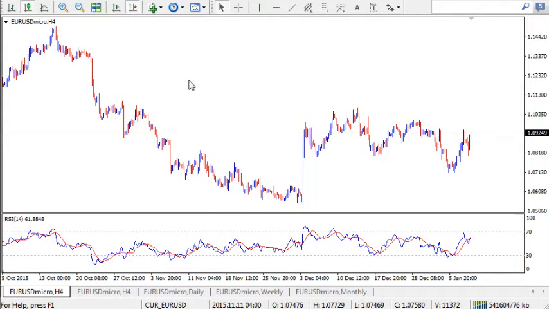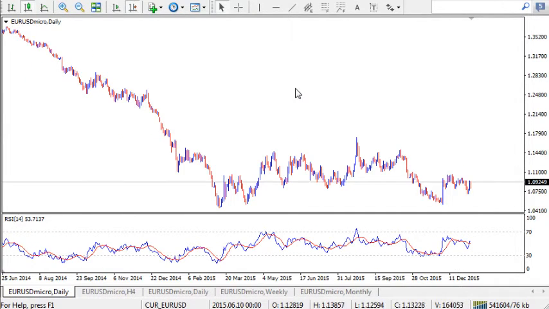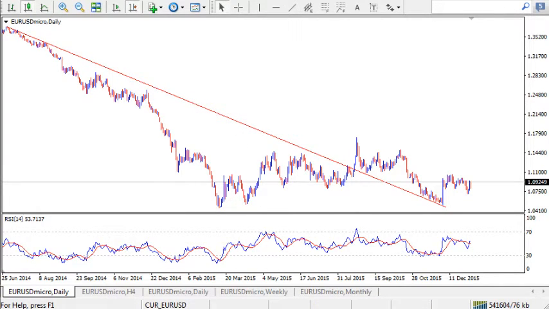And so this reaction here on the euro dollar is a very important reaction, because it may signal that this downtrend that began about 1.5 years ago has actually finished.